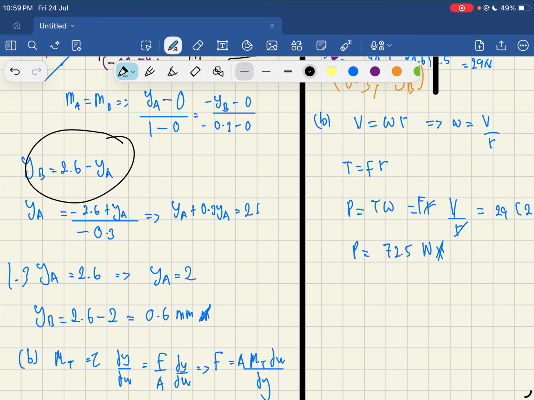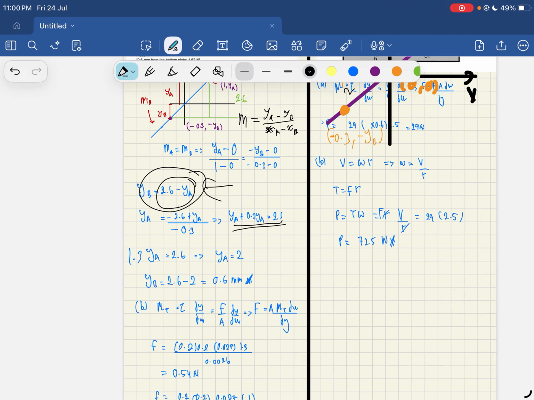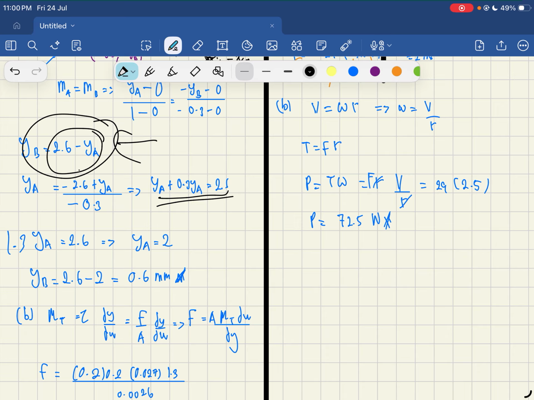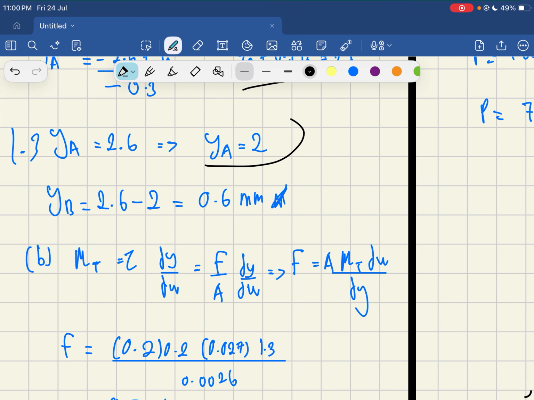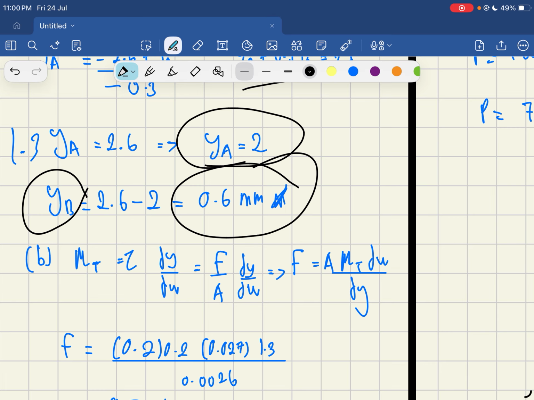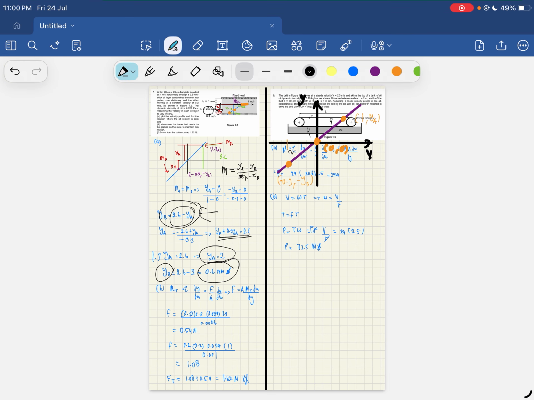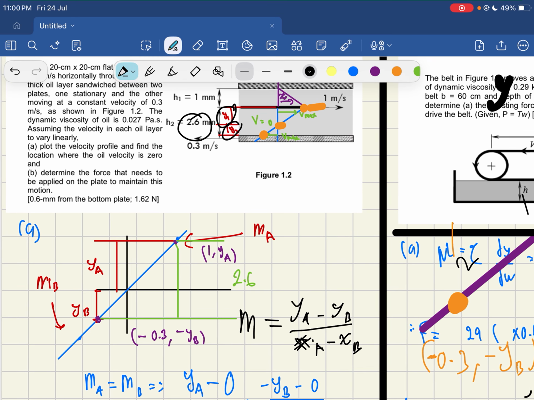So you will get this relationship, and you substitute the value of yb into this equation. Thus you will get a simplified equation of ya. In here you can solve, and you will find ya is equal to 2 and yb equal to 0.6 millimeter. So that's how we answer question A.